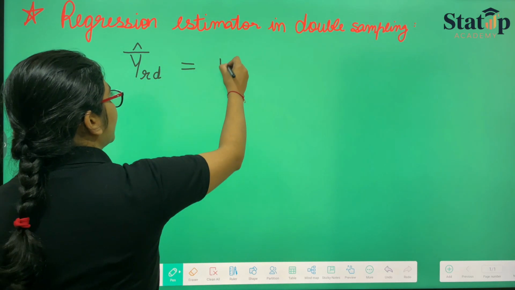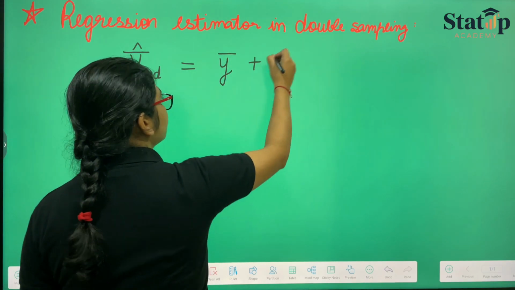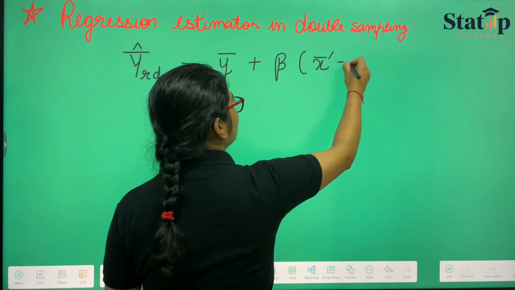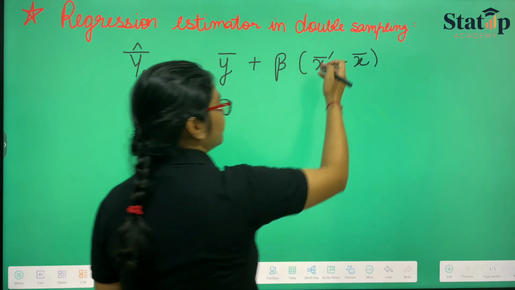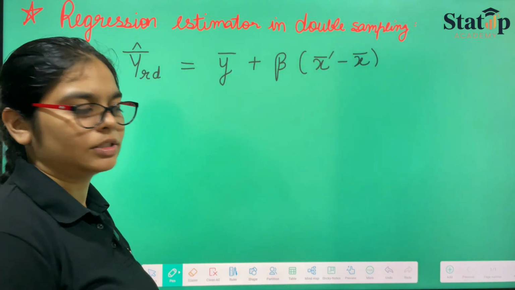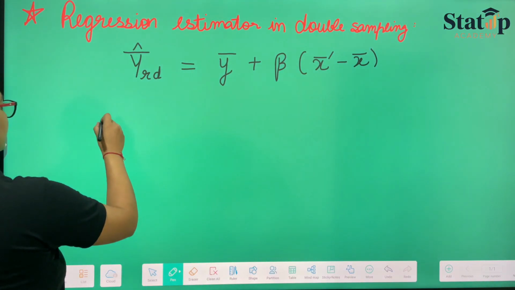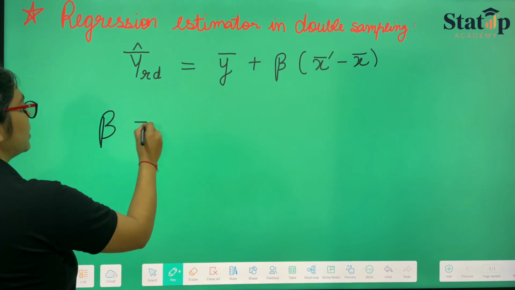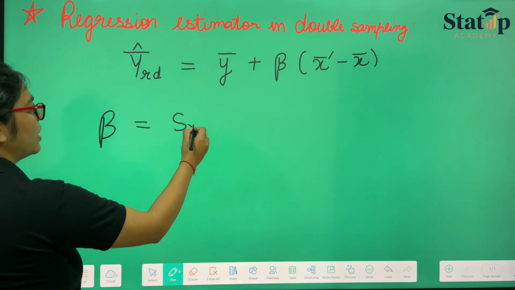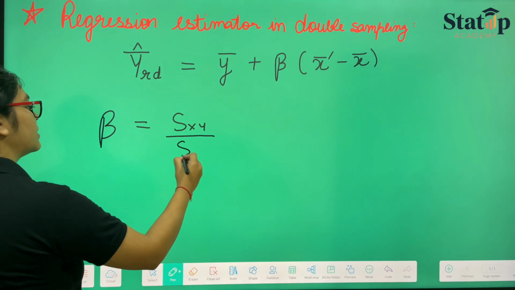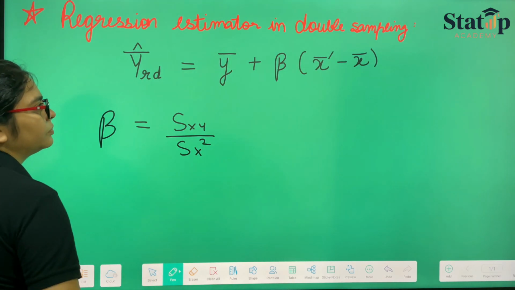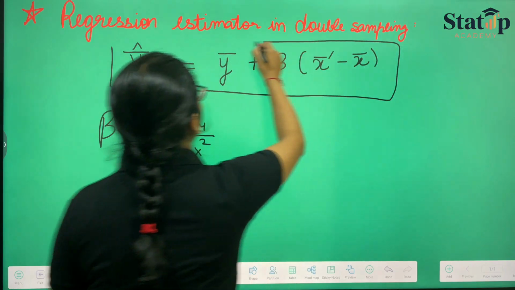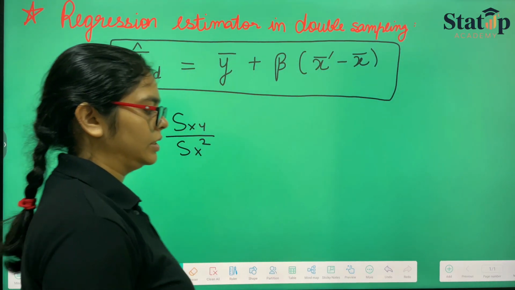It is defined as y bar plus beta into x bar prime minus x bar, where x bar prime is the estimated value of the auxiliary variable and beta is nothing but the ratio of Sxy and Sx square. This is the regression estimator in double sampling.